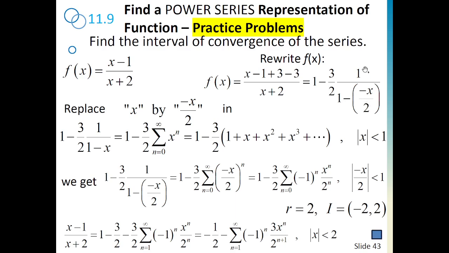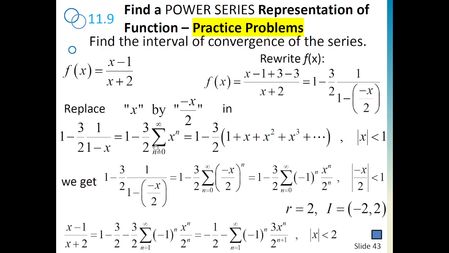So to get this expression, we know that this is equal to a series that will be multiplied by 3 over 2, so 1 minus the thing. So 1 minus 3 over 2 times this expression. So in this expression, we replace x by negative x over 2. We replace it here, so that way we get the expression of the function.